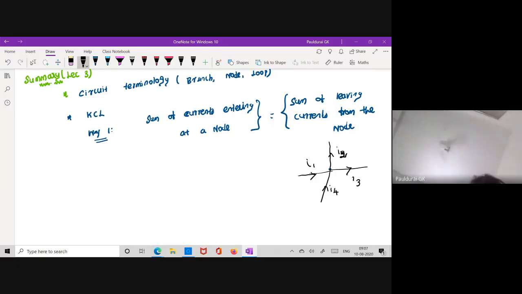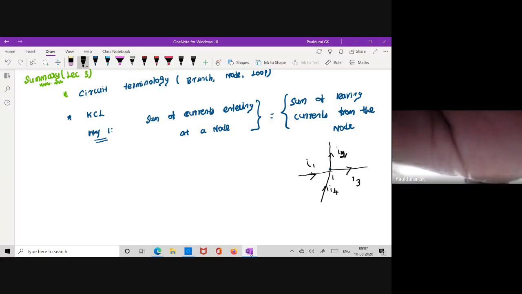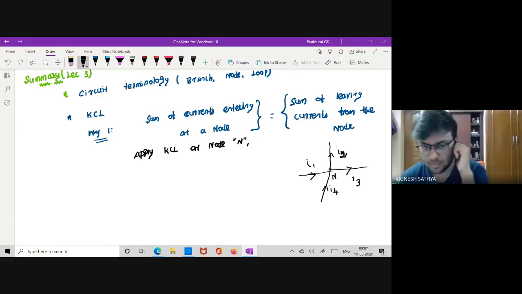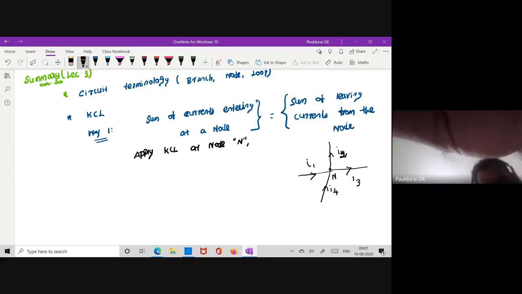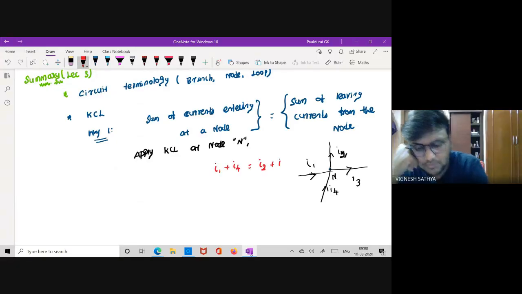Now apply KCL at this node N. Can you develop the KCL equation at node N? So how many currents in total? I1 and I4 come in. I1 plus I4 equal to I2 plus I3. Yeah, very good.